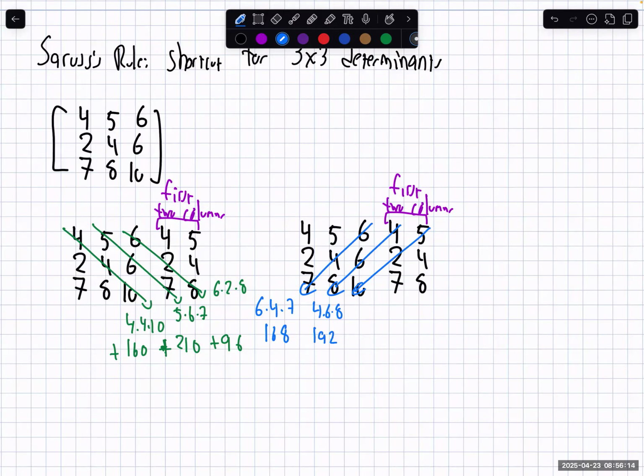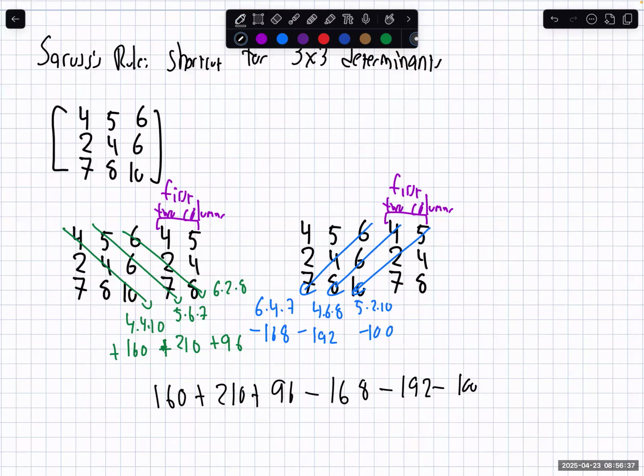And that third one, 5 times 2 times 10, is 100. These are all negative. If I do 160 plus 210 plus 96 minus 168 minus 192 minus 100, the answer should be that 6.